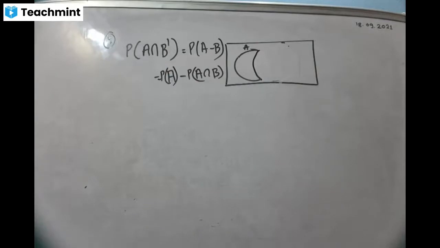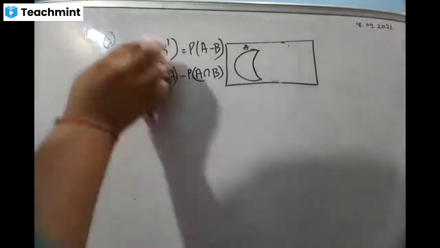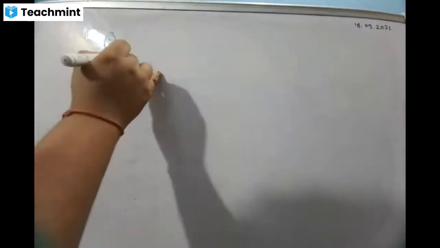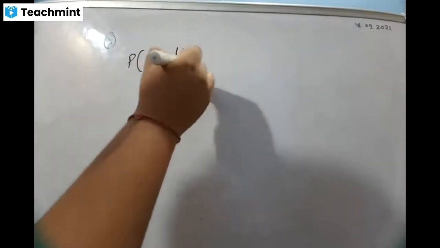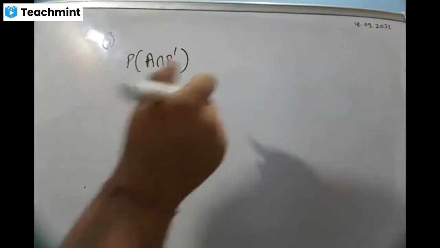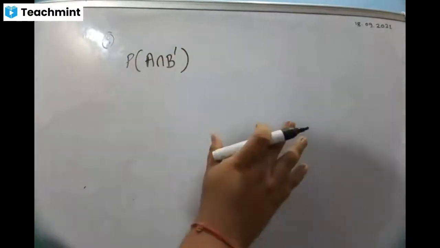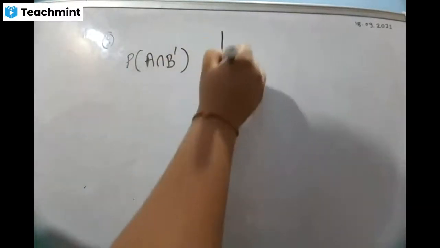Is that clear? I'll explain this one more time. See everyone. Next they will ask you, what is probability of A intersection B complement? Either you can memorize the formula or you can derive it.